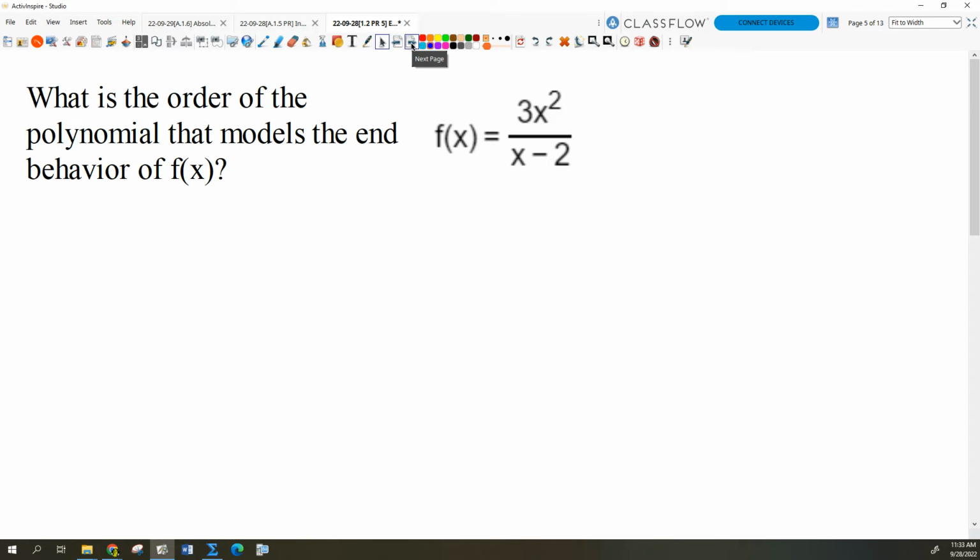Now what's the order of the polynomial, or the power function, that models the end behavior? What's it going to be? 3x. Okay, so it looks linear, doesn't it? If it's linear, do you see a potential advantage to that?